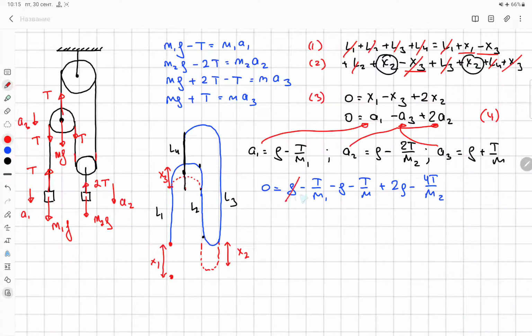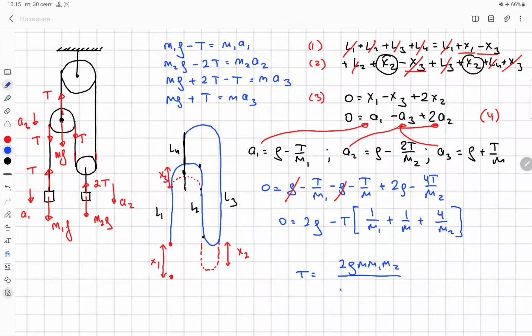As you see here, we have 0 equal to 2g minus T times (1 over m1 plus 1 over m plus 4 over m2). So from this equation, tension equals 2g m1 m2 divided by (m2 plus m1 m2 plus 4 m1 m).